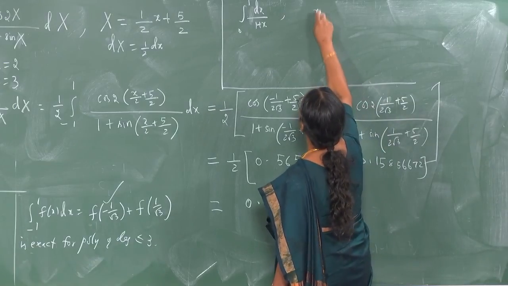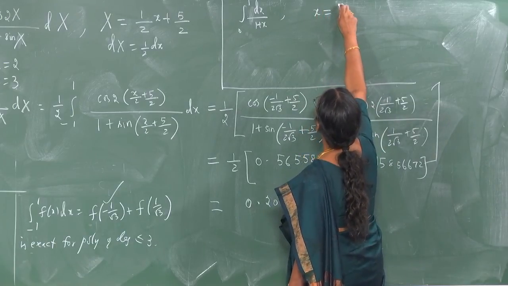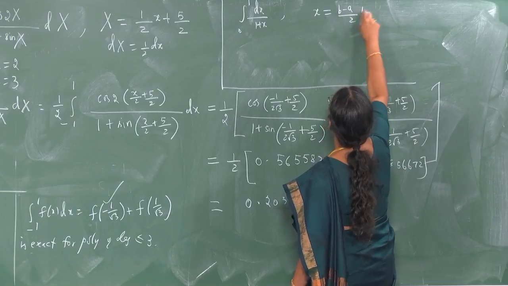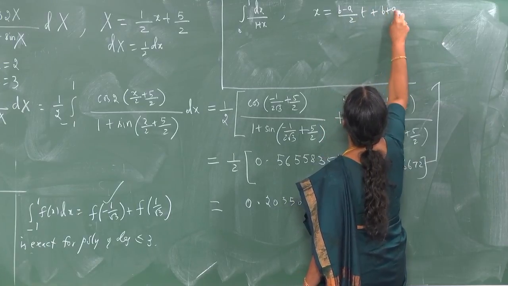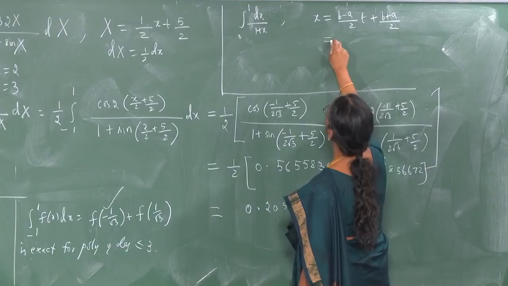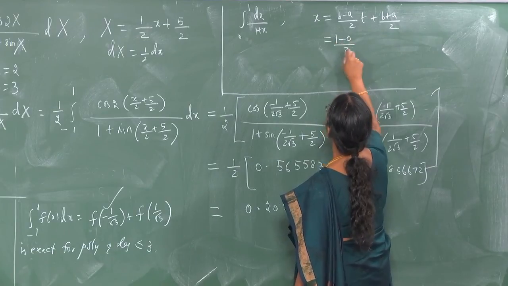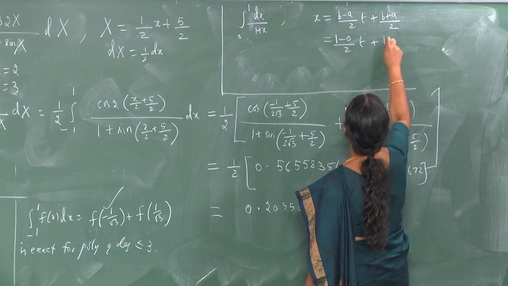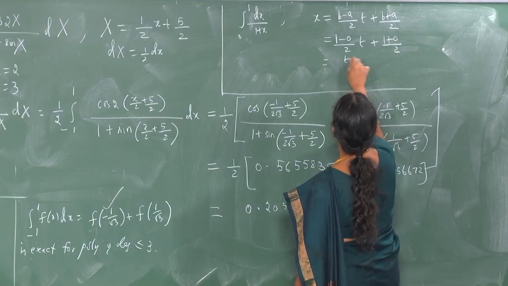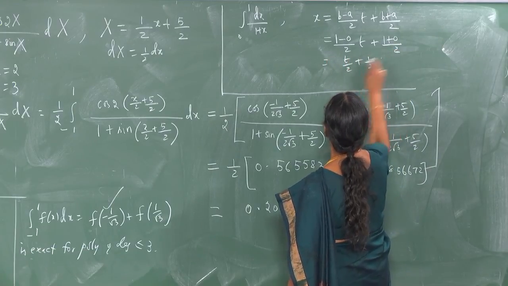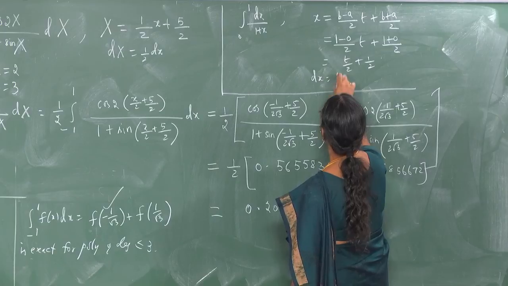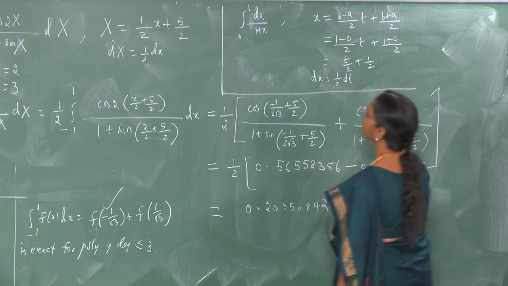So, I make the transformation x is equal to b minus a by 2 into t plus b plus a by 2. What is b? 1, a is 0. So, 1 plus 0 by 2. So, it is t by 2 plus half. So, that dx is half dt.